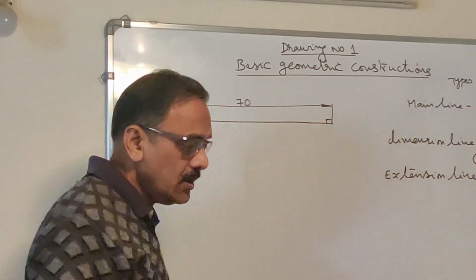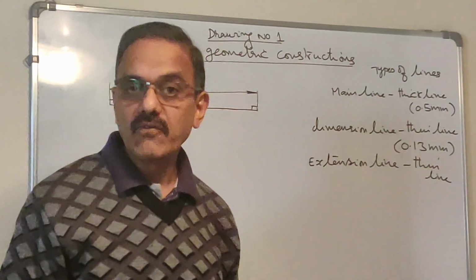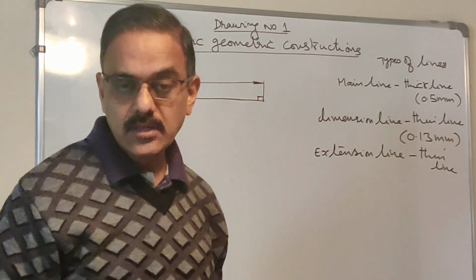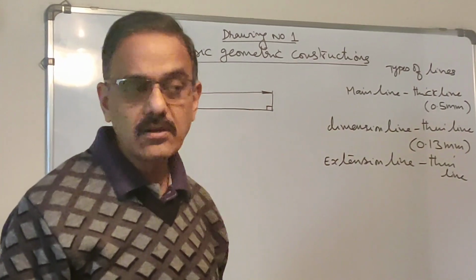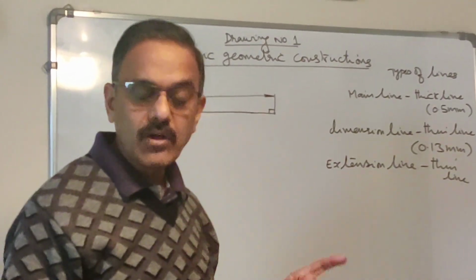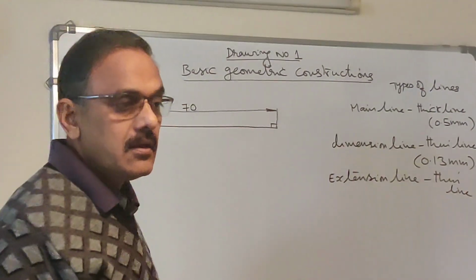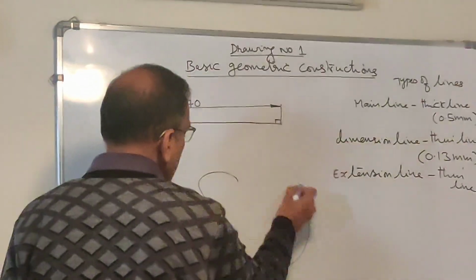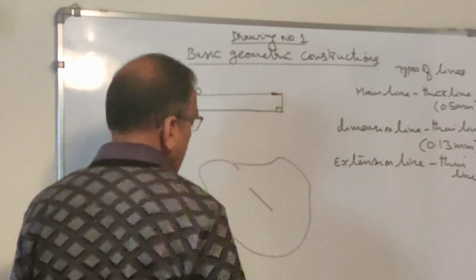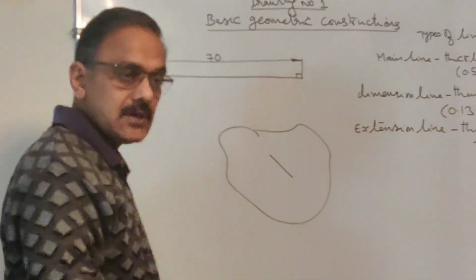Let us say you have made a big drawing. Maybe you have drawn the drawing of a machine. The mechanical students will do machine drawing in their 3rd semester. Let us say you have drawn a big drawing of a machine. In this there is one line which you want to dimension. Normally the dimensioning is done outside.